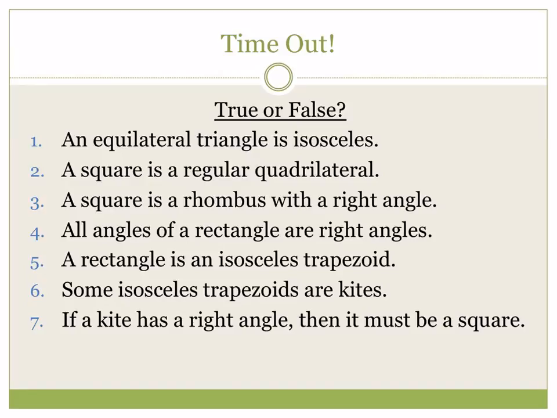Some isosceles trapezoids are kites. That's true. Do you know what it would have to actually be to work? What shape would it actually have to be? What is the most specific description that is an isosceles trapezoid and a kite?